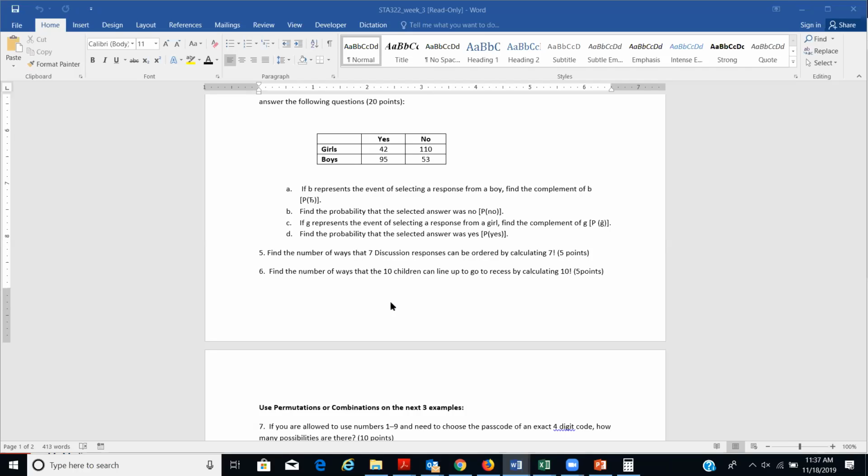Our 10 numbers, we do it the same way. 10 factorial divided by 10 minus 3 factorial becomes 10 factorial over 7 factorial. And this becomes 10 times 9 times 8 times 7 factorial over 7 factorial. So we've got 10 times 9 times 8.